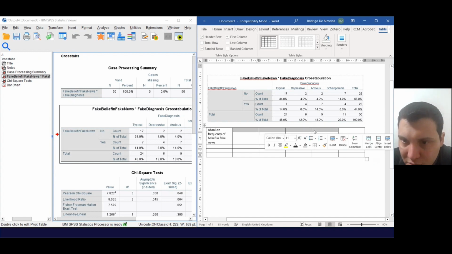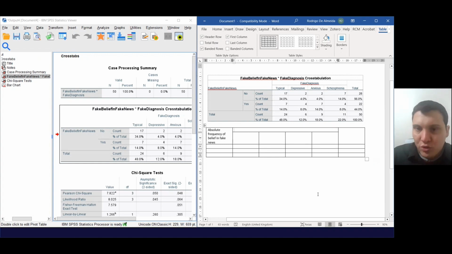We're going to merge all of this because this is the above deck, and that's the same information for all of these below-deck headings. It's absolute frequency of fake diagnoses, okay? And a total.